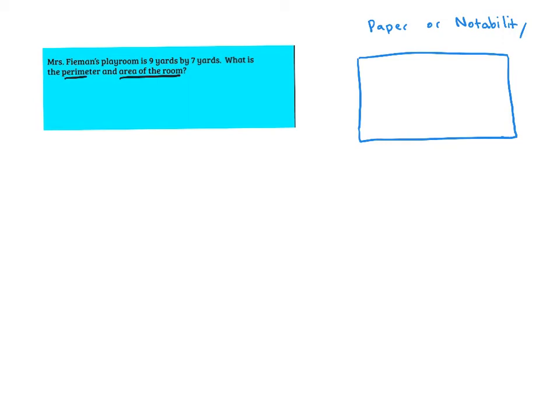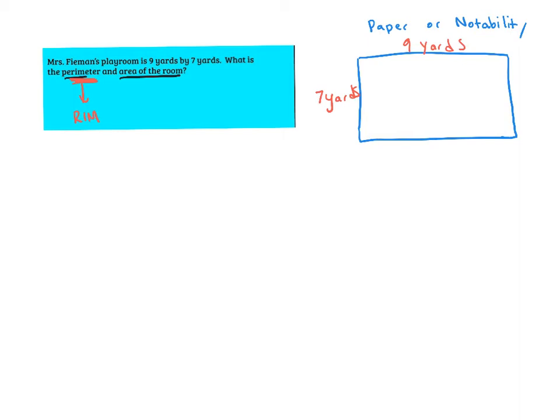Okay, so now that you've drawn your picture, label your sides. 9 yards by 7 yards. Let's review. How do we find perimeter? Think about that word rim in there, right? Rim, like our basketball rim, is the outside.